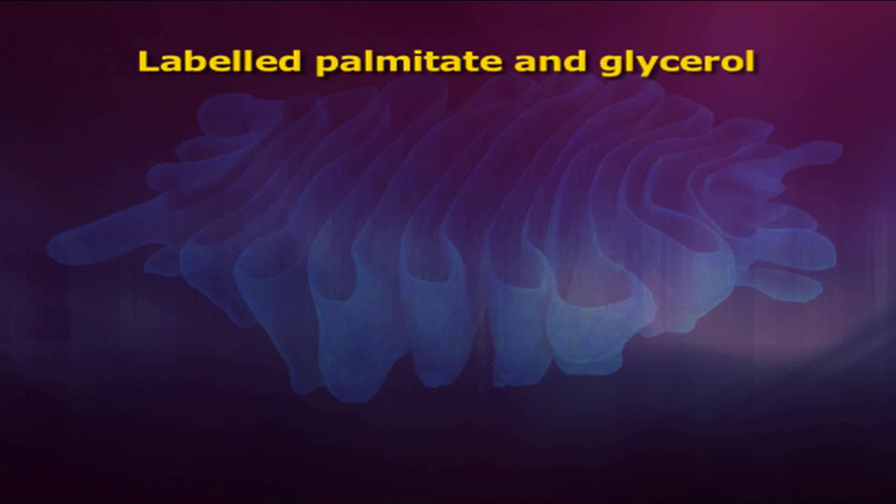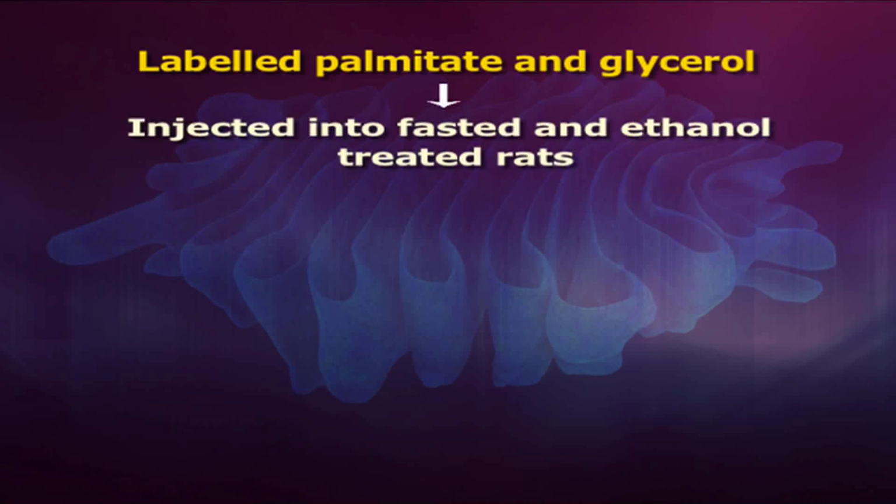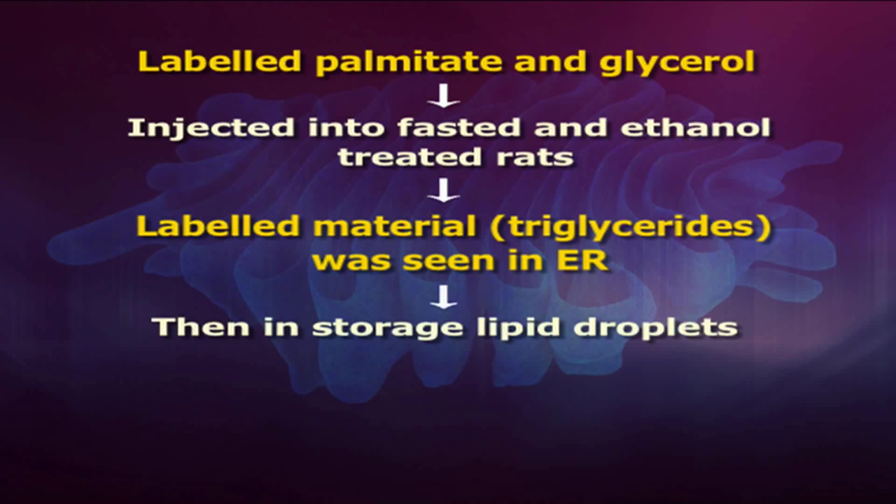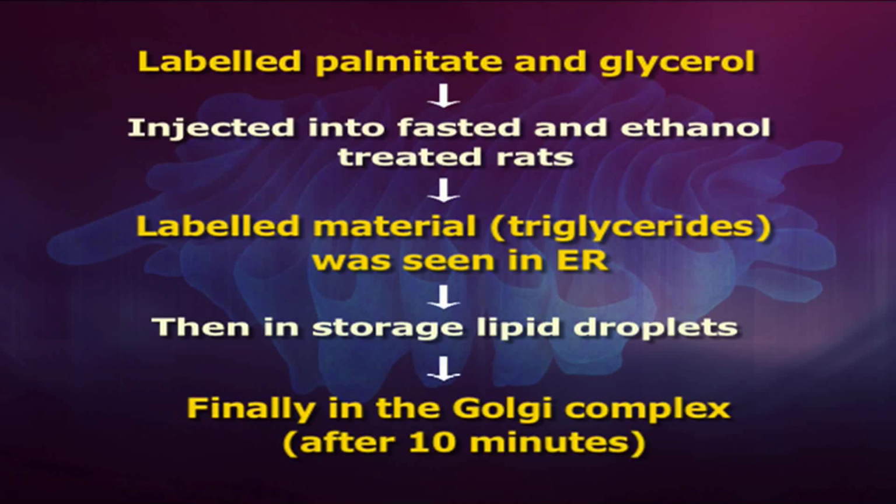Labeled palmitate and glycerol were injected into fasted and ethanol treated rats. First, the labeled material, that is triglycerides, was seen in the ER, then in storage lipid droplets, and finally in the Golgi complex about 10 minutes later.